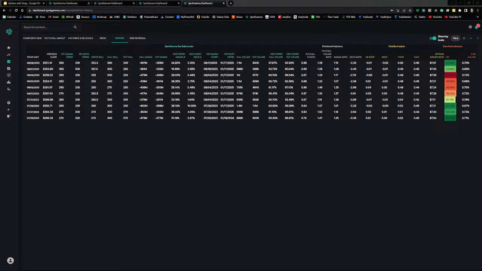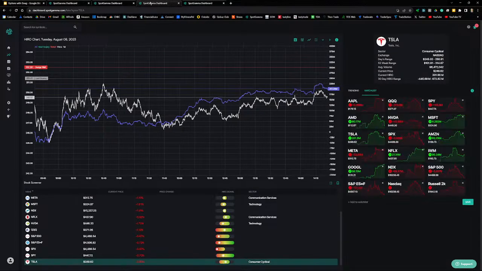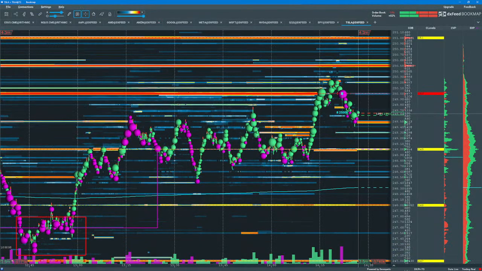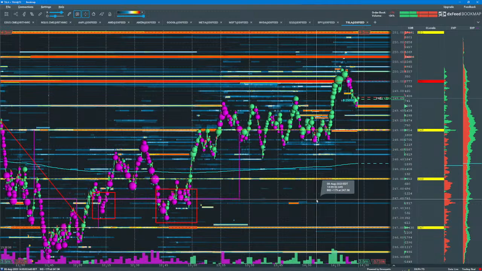Again, the key point there is that to get to 268, Tesla's going to have to get through the 260 level first. Let's go take a look at Bookmap. All right, so it looks like Tesla's having some trouble at the 250 level.